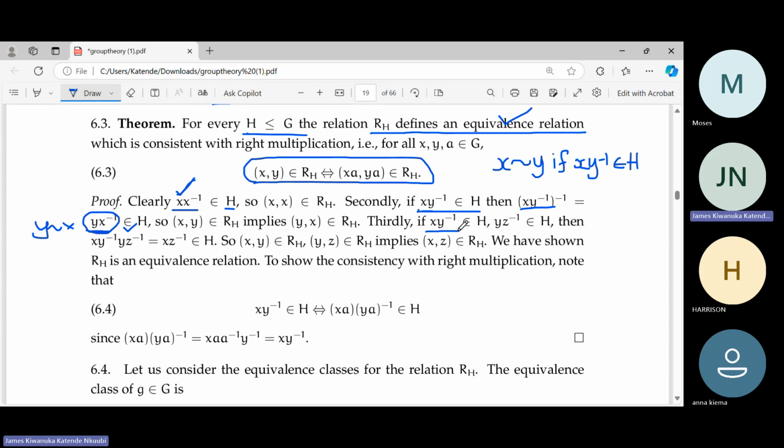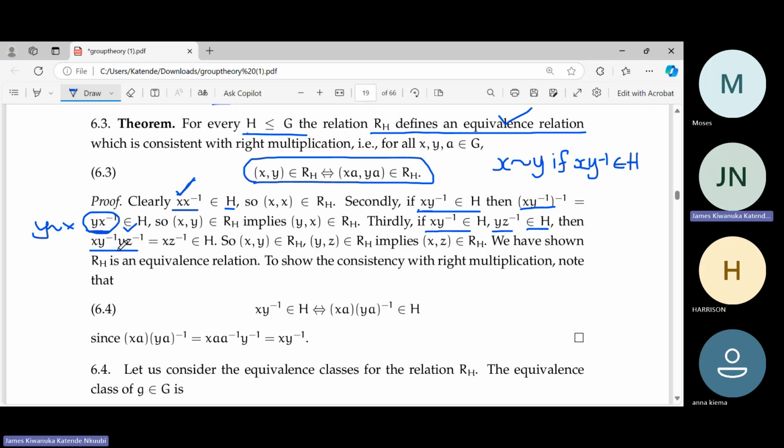So here you assume that X and Y are related and Y is also related to Z, in which case these two statements will be true: XY inverse will be in H and YZ inverse will be in H. So if these two hold at the same time, it will be transitive if we can show that X will be related to Z. In other words, if you can show that XZ inverse is an element of H, which we proceed to do.